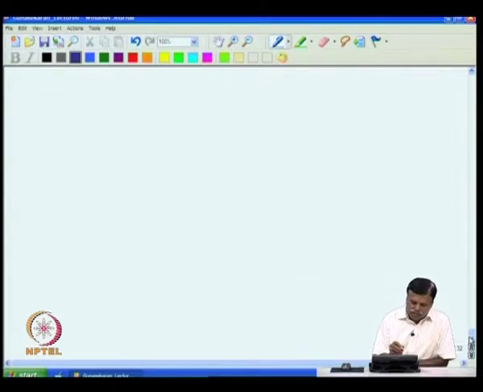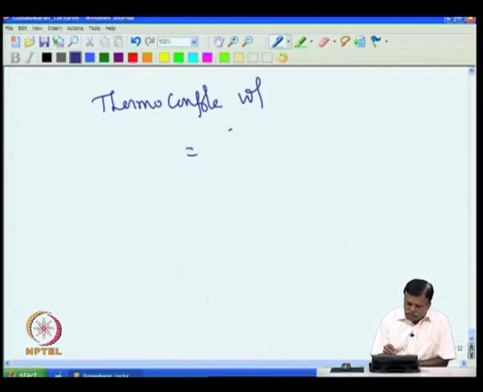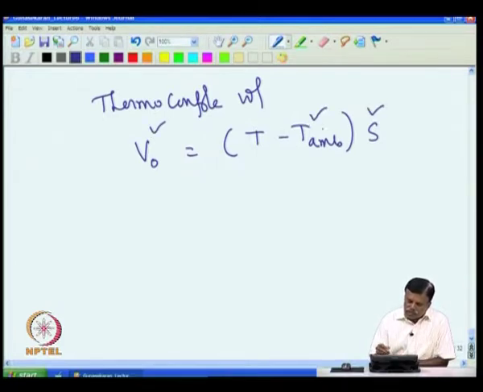So, what is normally done is to measure the thermocouple voltage. Thermocouple voltage is actually nothing but (T minus T ambient) into S. So, that is the voltage output. We know the voltage output here, we know the ambient temperature, and we know S, so T can be calculated.